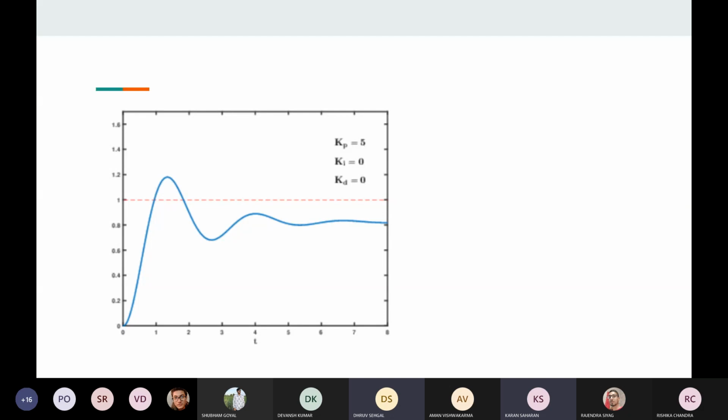When you reach output equal to 1, your error would be 0, so the correction would be 0. But you have already added a lot of correction in the past, so the output will continue to shoot up.